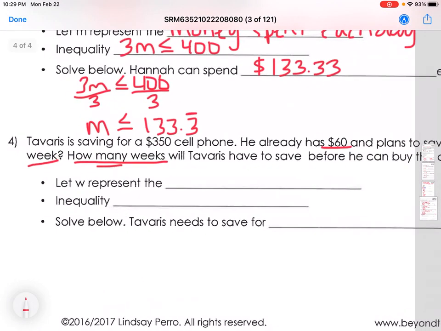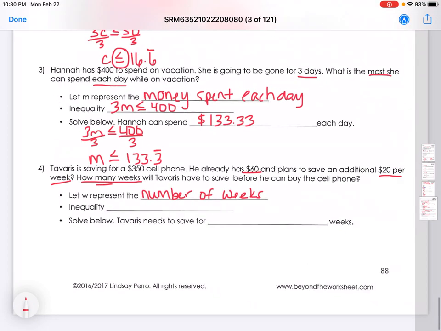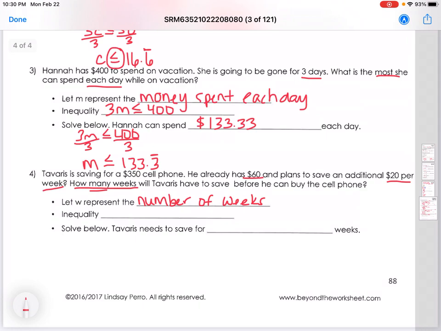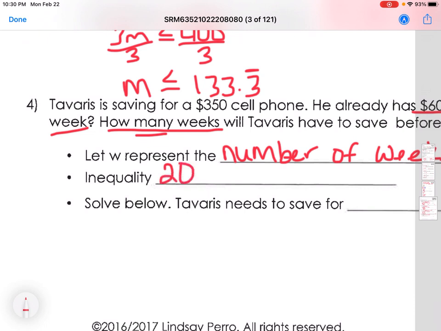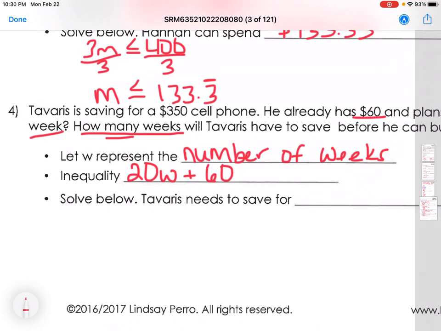So the W would represent the number of weeks. I don't know how many weeks, but I know each week he is saving $20. So $20 each week, plus the 60 that he already has saved. And I know he needs to save $350 for the cell phone.